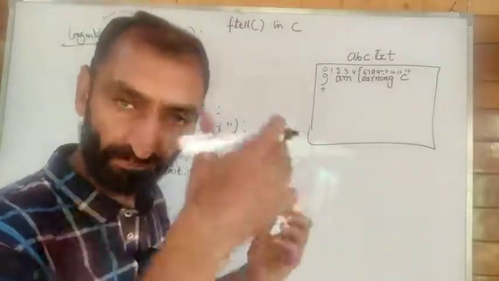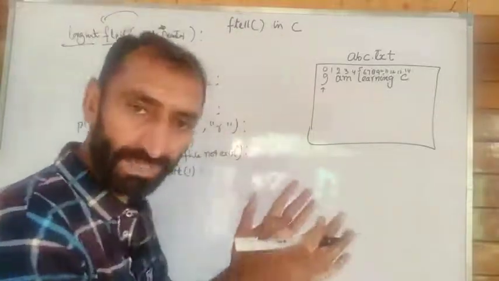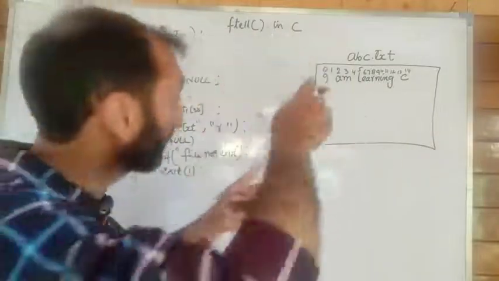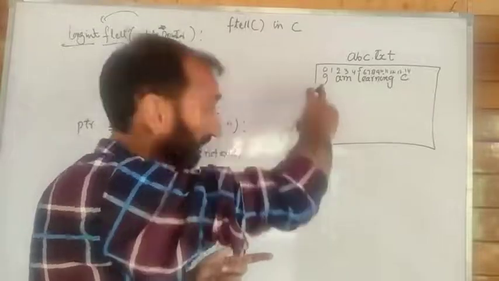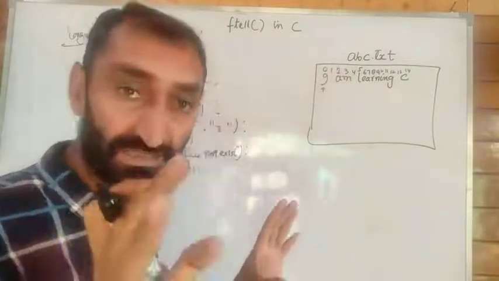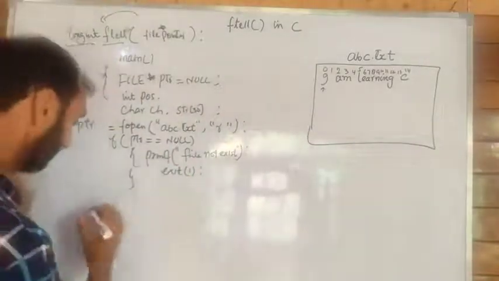Now, for example, we want to know the position of the file pointer. In order to know that, we use the ftell function. The ftell function returns the position of the file pointer, that is, which index the file pointer is pointing to.